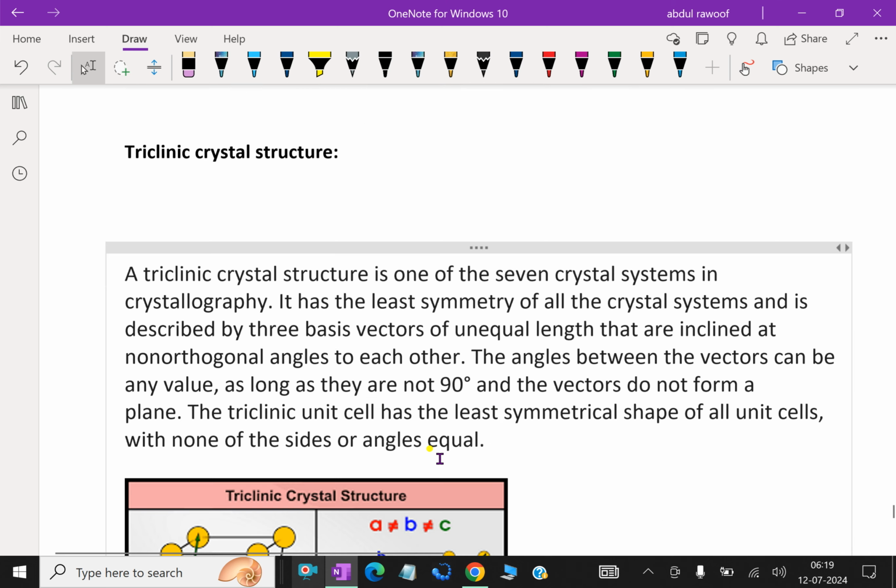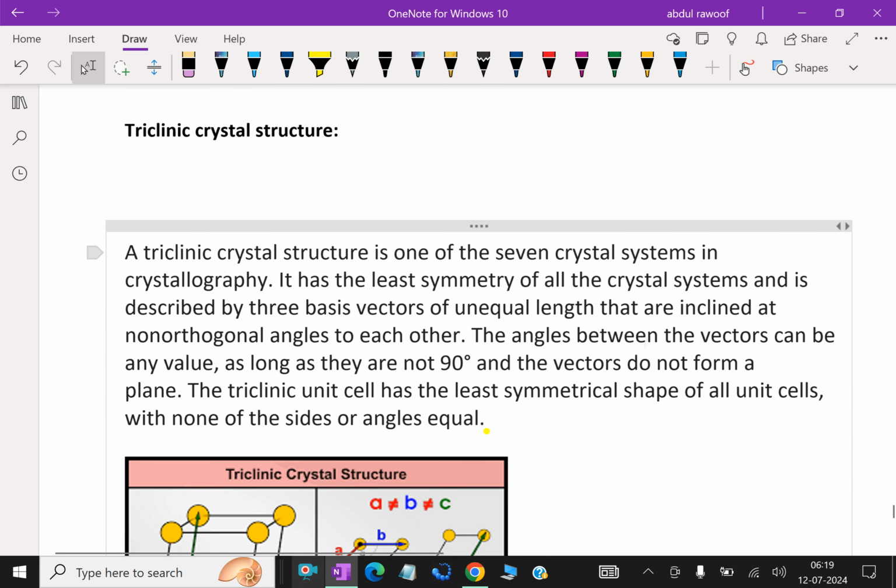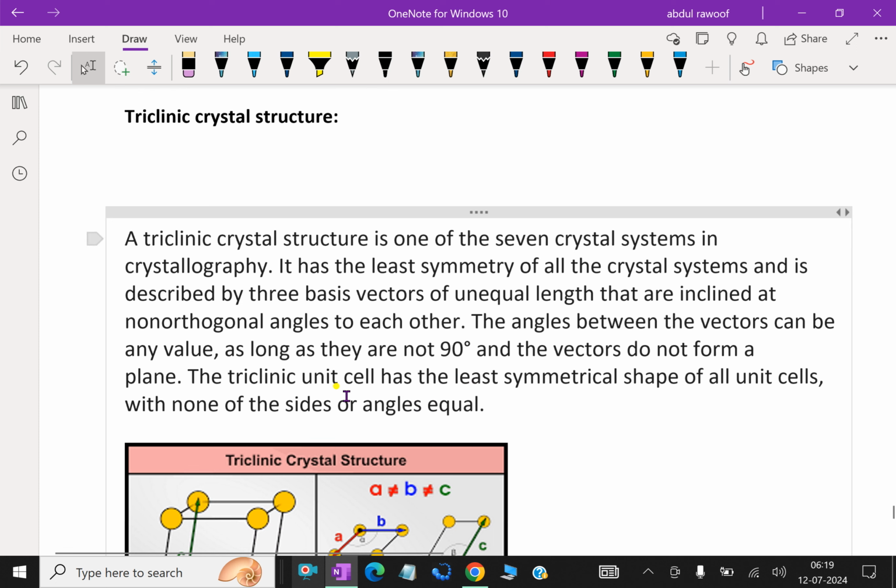Next one, triclinic crystal system. The triclinic crystal system is one of the 7 crystal systems in crystallography. It has the least symmetry of all the crystal systems and is described by 3 basis vectors of unequal length that are inclined at non-orthogonal angles to each other.